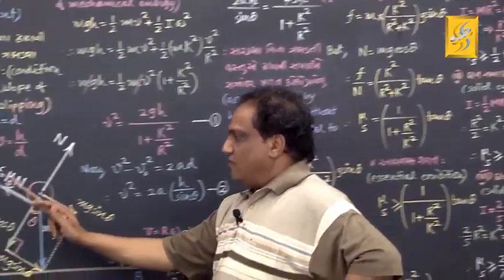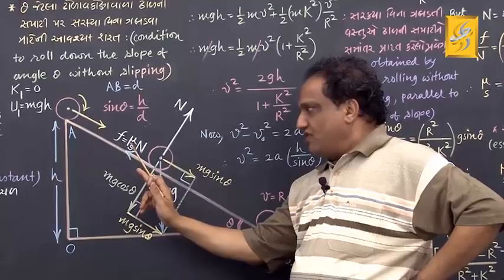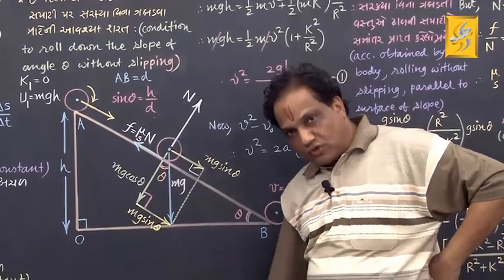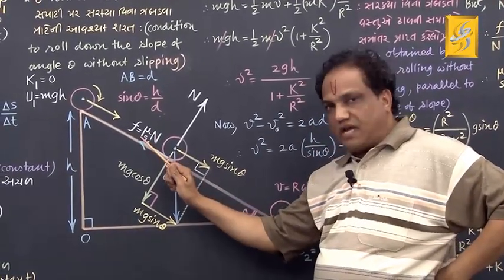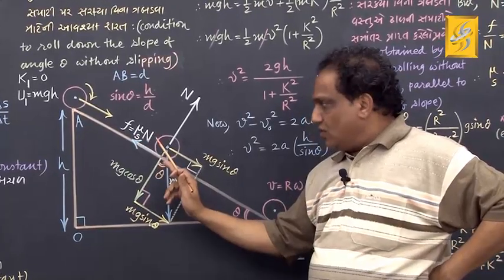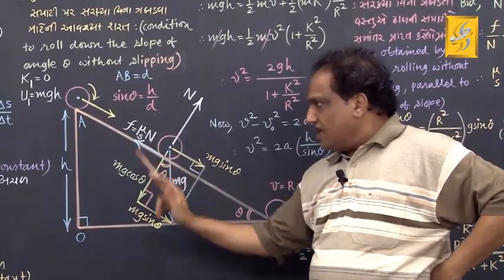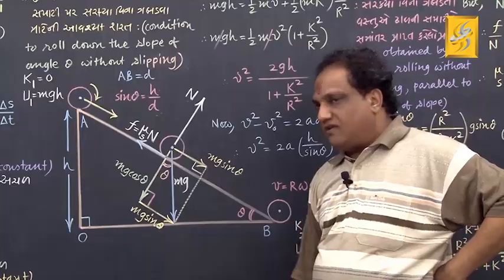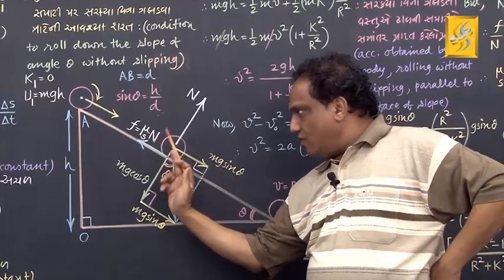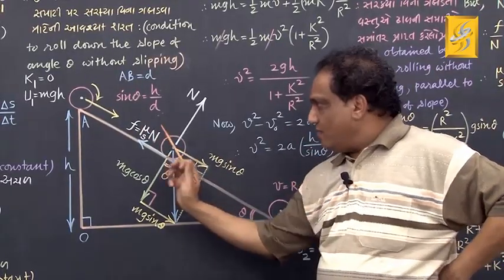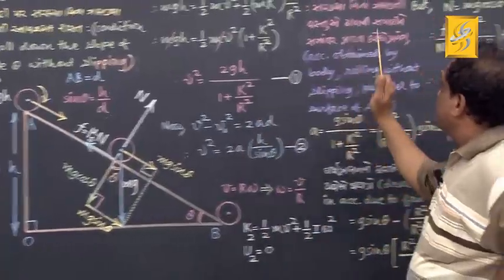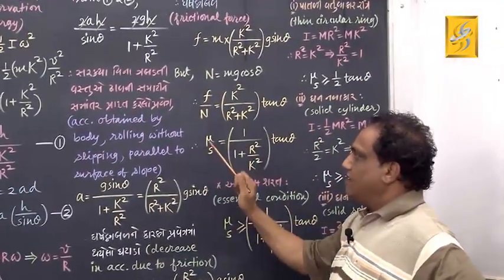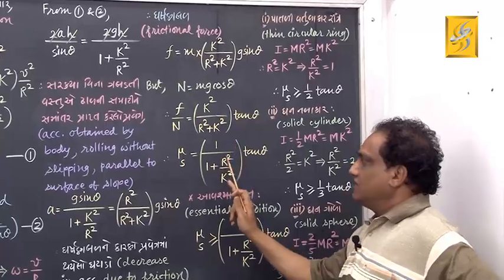You know this frictional force is the coefficient of friction multiplied by the normal force. Here I have taken mu s into capital N, that is the normal force. If f equals mu s into N, then f upon N would be mu s. Here it is: f upon N is nothing but mu s, and that equals this much.